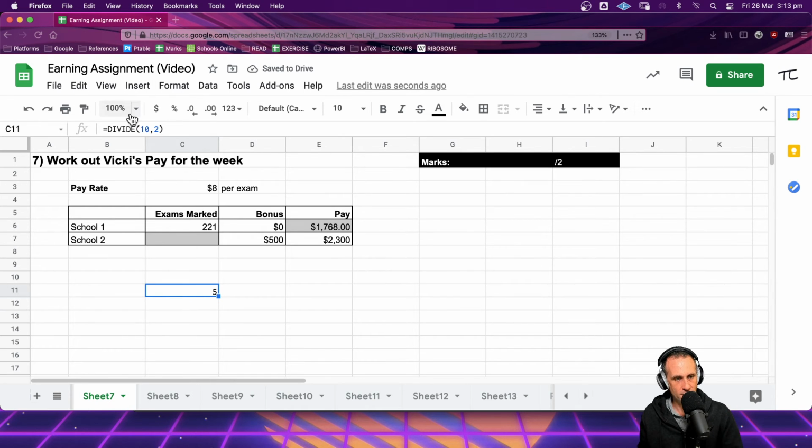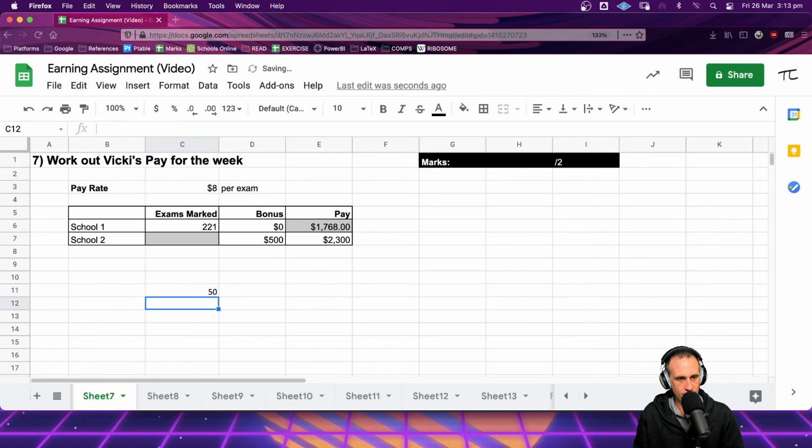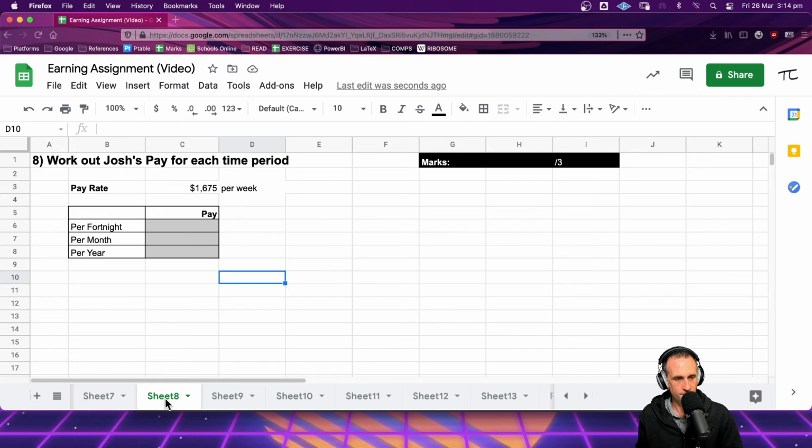Even though I put in some funky looking stuff, the end result is a 5 will show up there. Or what about 100 divided by 2? 100 divided by 2 is 50. Okay, so I'm not going to tell you what the correct formula is for this cell here, but I do think that it probably involves division. So you want to use this divide thing here.